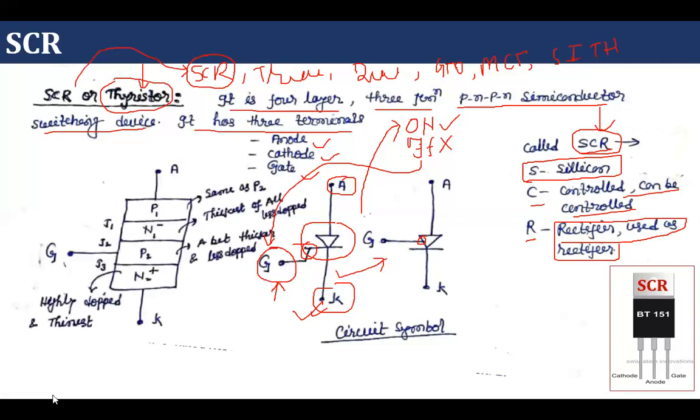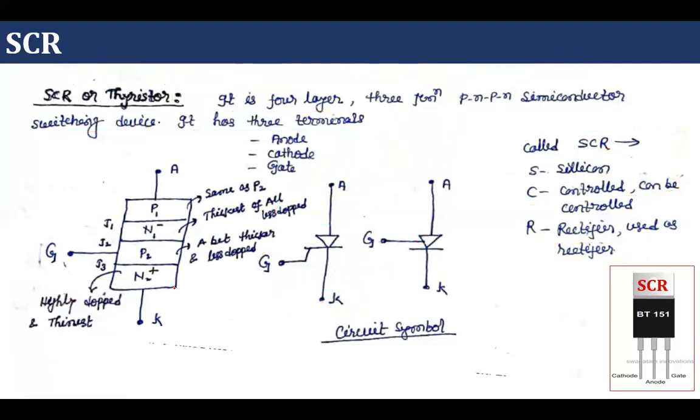Now let's see the construction of it. It has 4 layers. In case of a diode, we have only 2 layers and only one PN junction. If you remember, in the first lecture of this unit, I said that the PN junction is the basic building block of all semiconductor devices. So the diode has only one junction, whereas the SCR has 4 layers, PNPN, and so 3 junctions, J1, J2, and J3.